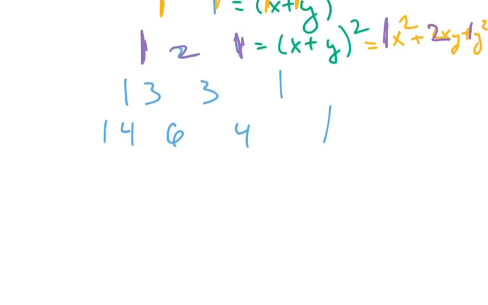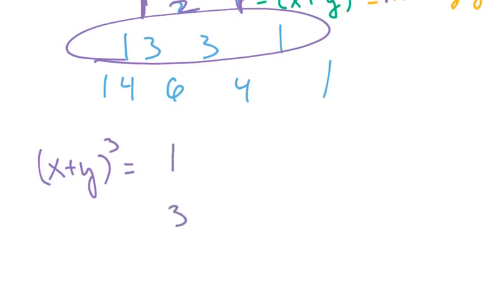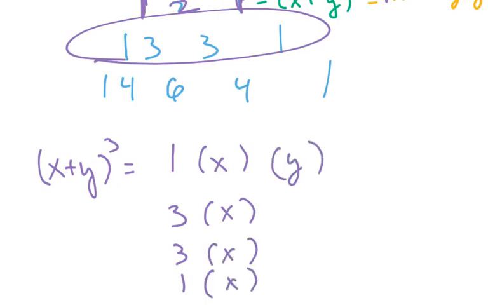So what ends up happening is that if I'm doing x plus y cubed, I know that the coefficients will be 1, 3, 3, 1. The first term is x. The second term is y.